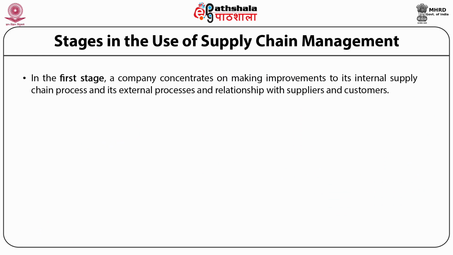In the first stage, a company concentrates on making improvements to its internal supply chain processes and its external processes and relationships with suppliers and customers. Its e-commerce website and those of some of its trading partners provide access to online catalogs and use supply chain information as they support limited online transactions.